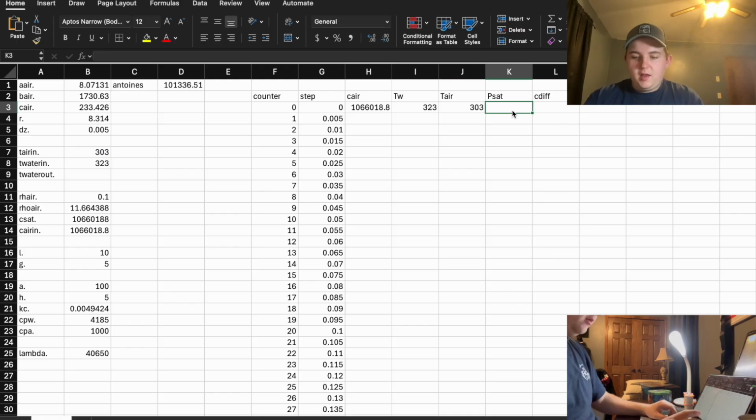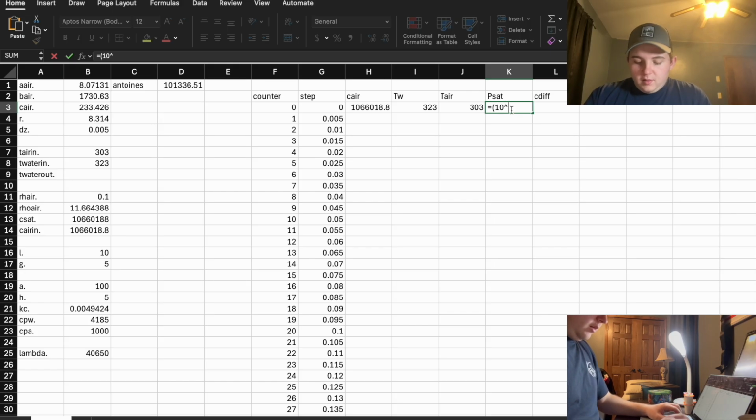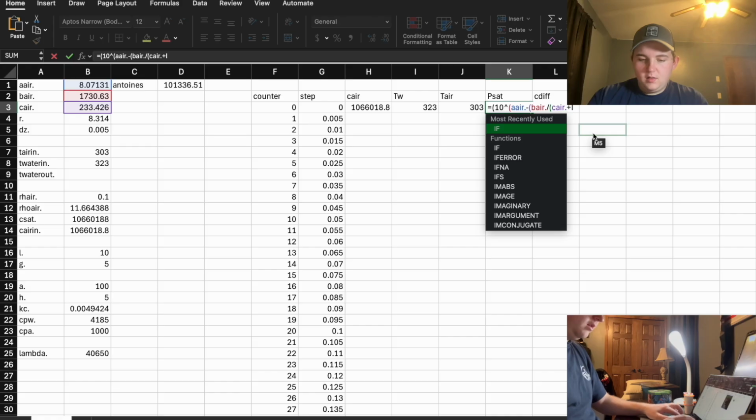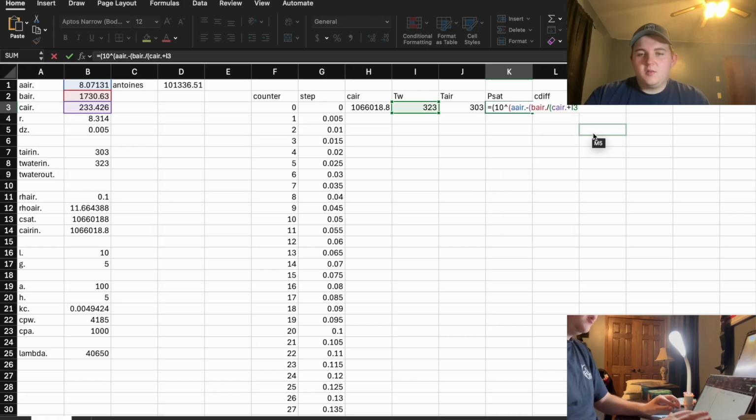And then our PSAT, we're going to have to do 10 to the, this one I have written down because it's kind of long. So we have 10 to the A air dot minus B air dot divided by, this is just Antoine's equation. I could have done it without it being written, but this part is kind of confusing. Times our TW, that's the part I was a little confused about.